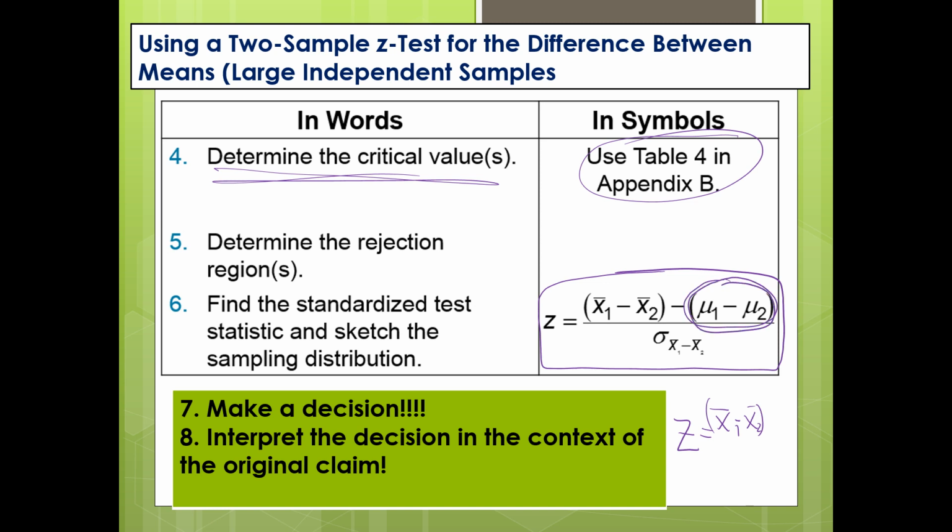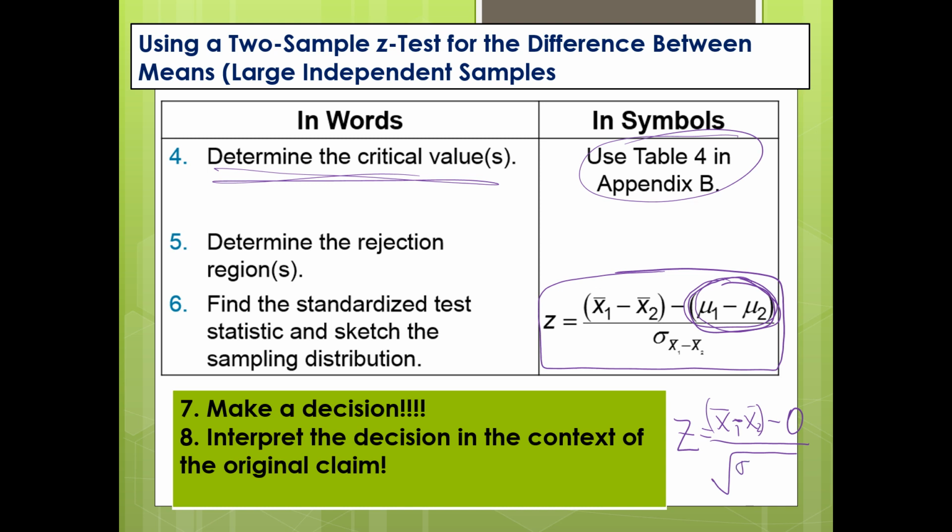Again, mu1 minus mu2, that's our population mean. We don't know that value, but like we just talked about, we're going to assume that it's 0. So when we do this, this is just going to be 0. So really, for this part of the equation, you don't have to do anything. It's just 0.